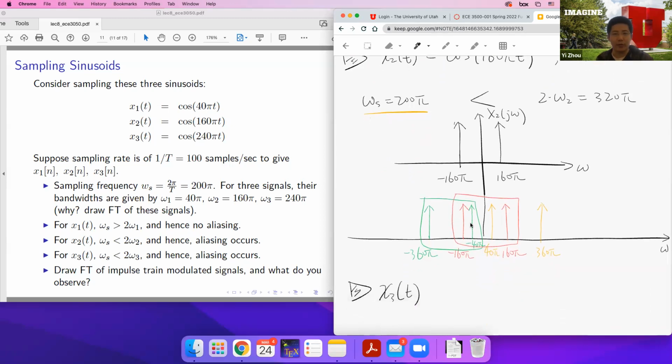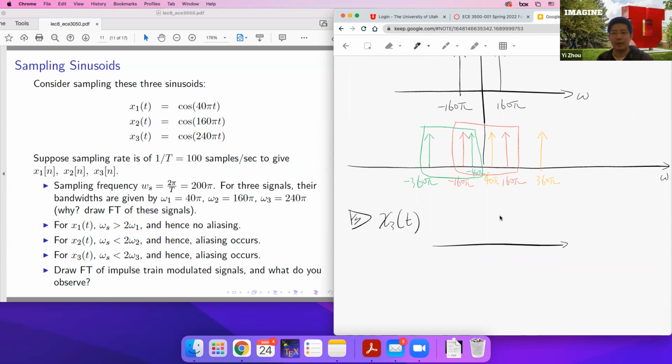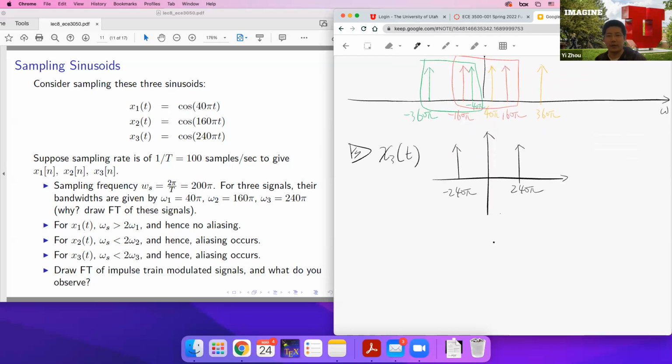And we can quickly draw the spectrums. So X3 has a spectrum located at 240 pi. Great. This is from its own omega. And then we do sampling at omega s, which basically means for the first copy we have the same spectrum.